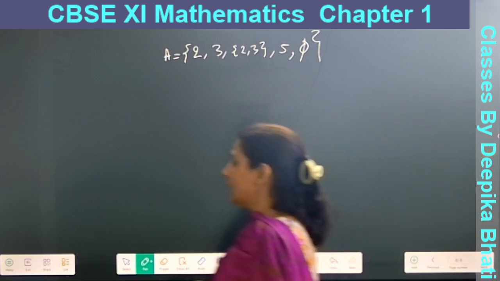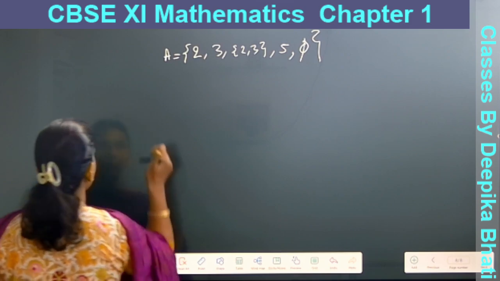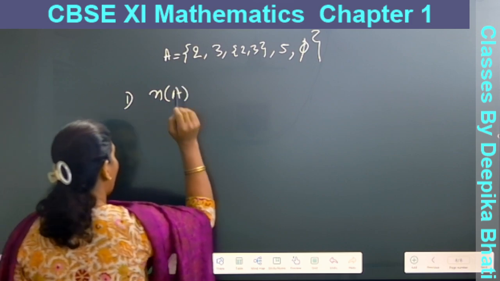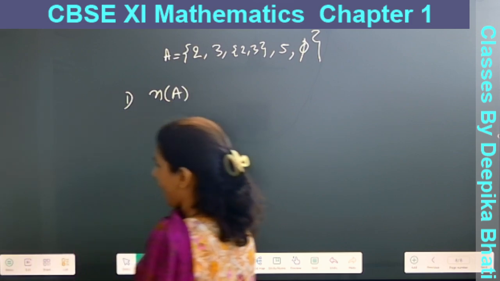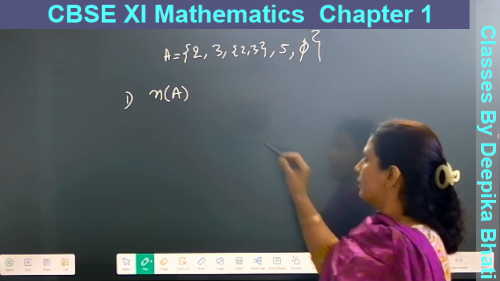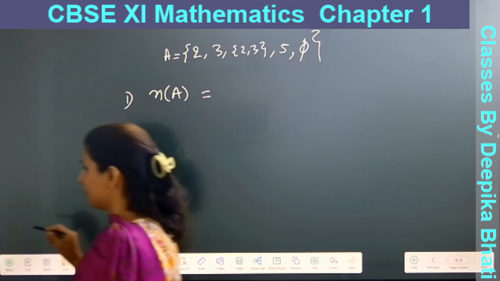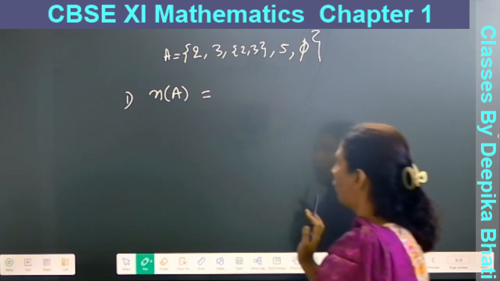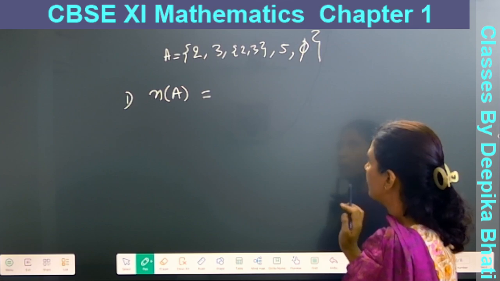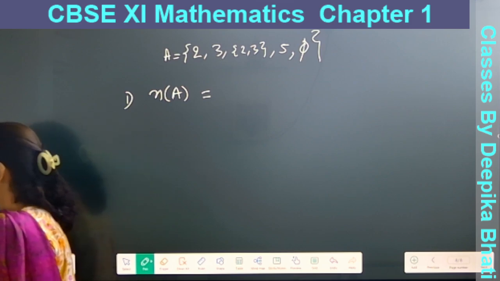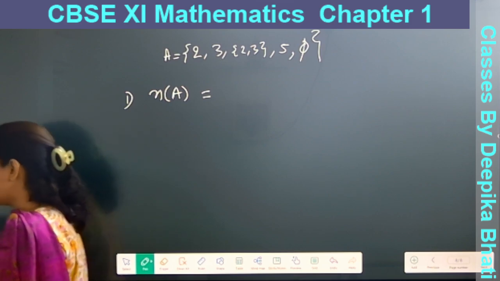First part: how many elements does this set have? Yes, how many? 5. Harish said 5. Ahan, what do you say? How many elements do we have in this set? 5. Yes, 5.